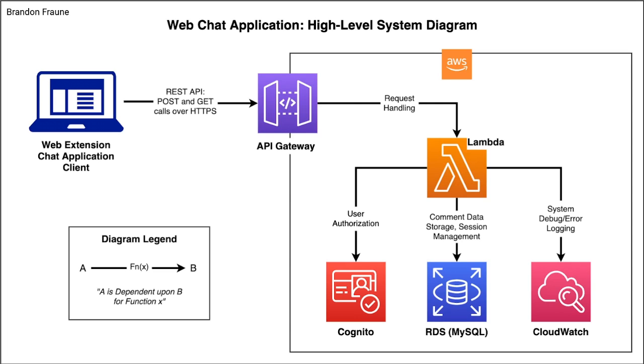Session management moved from Cognito to RDS. This lays out how we're using AWS resources to manage where comment data is stored, how it's retrieved with the Lambda, and how requests and logs and users are all set up.